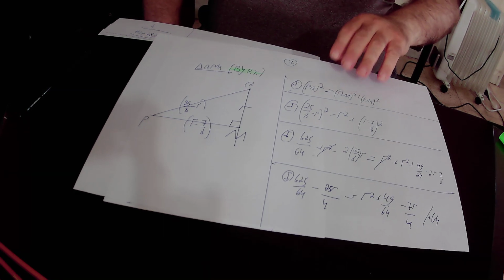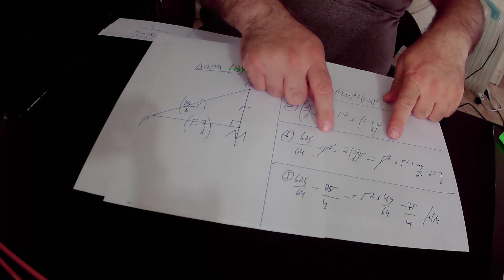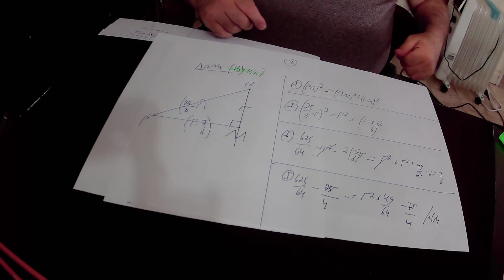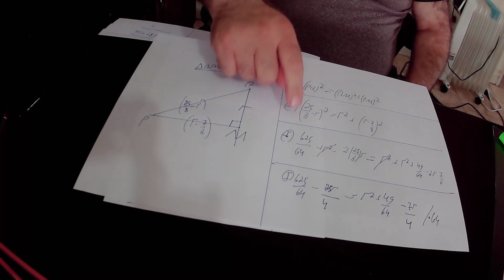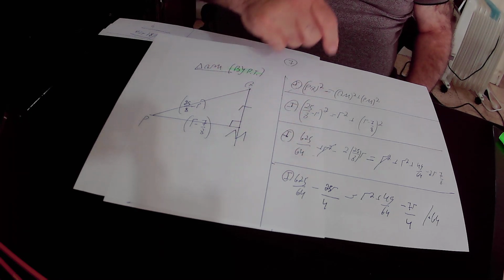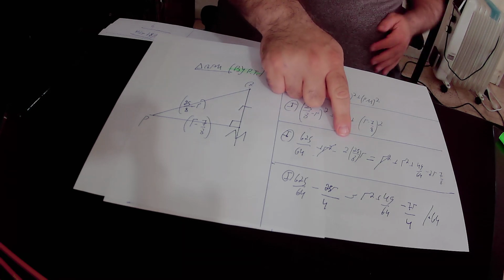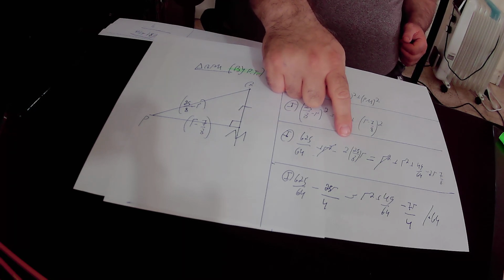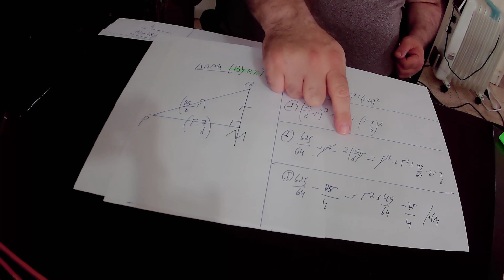Okay, so here we have r squared on both sides of the equation, so r squared will get cancelled. And here we have 625 over 64, minus 2 times 25r over 8.